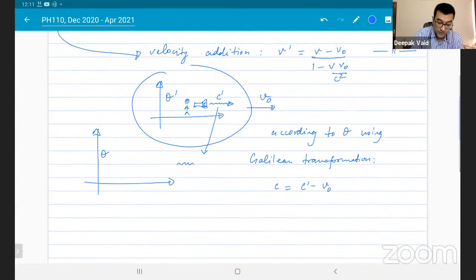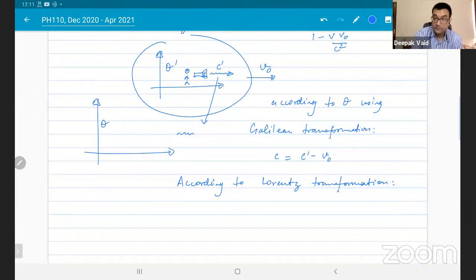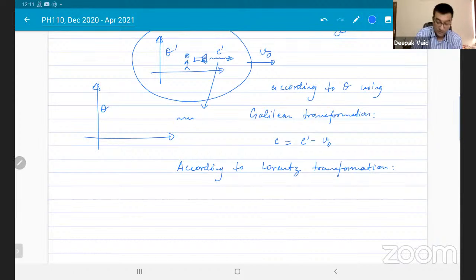But what if I use the relativistic formula? If I use the relativistic formula, according to the Lorentz transformation, what is this C? C is equal to (C prime minus V naught) over (1 minus V naught C prime by C squared).